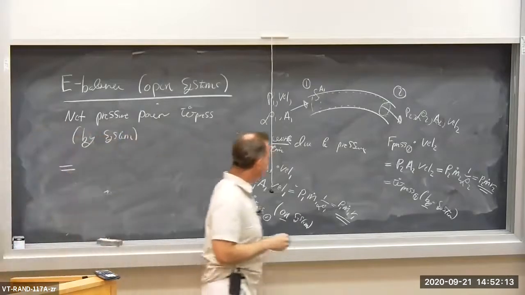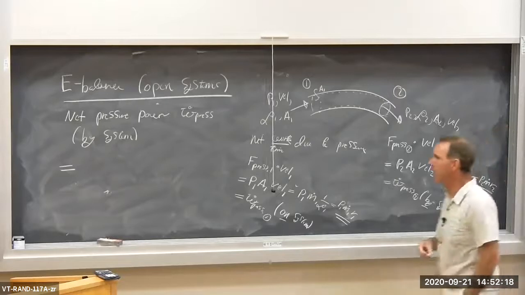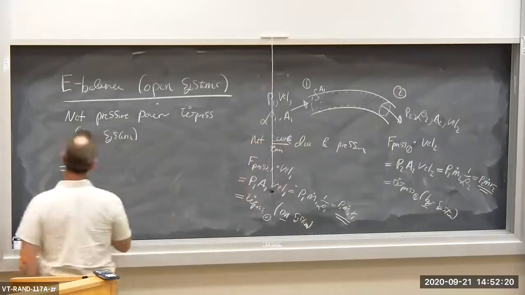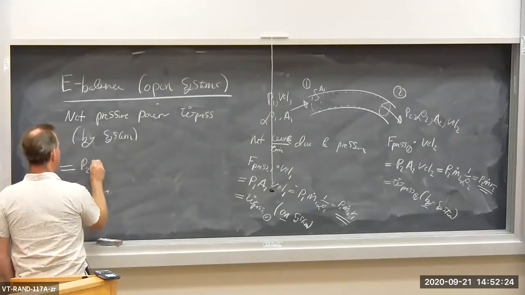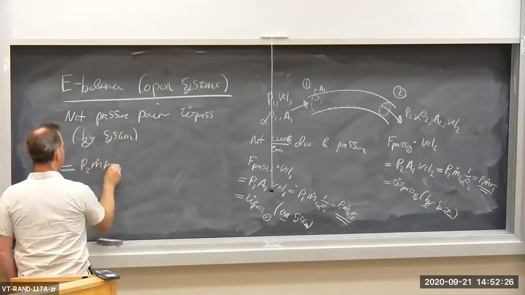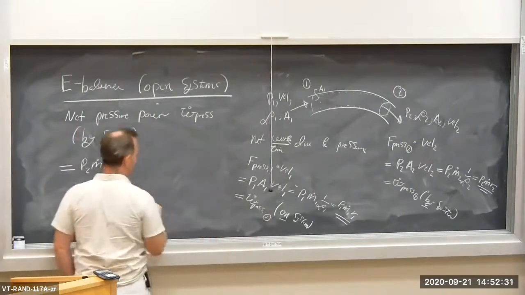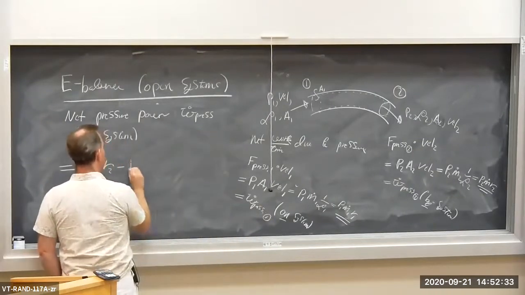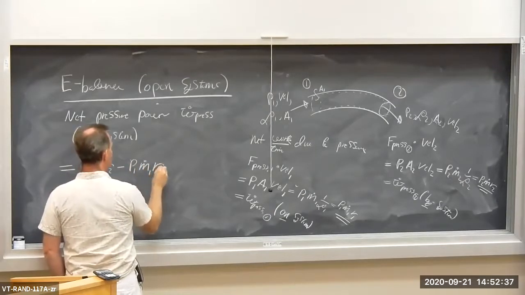Well, that's equal to P2 m dot 2 specific volume at location 2 minus the work done on the system, P1 m dot 1 specific volume 1.